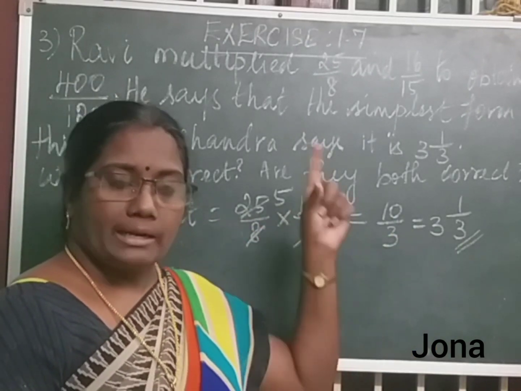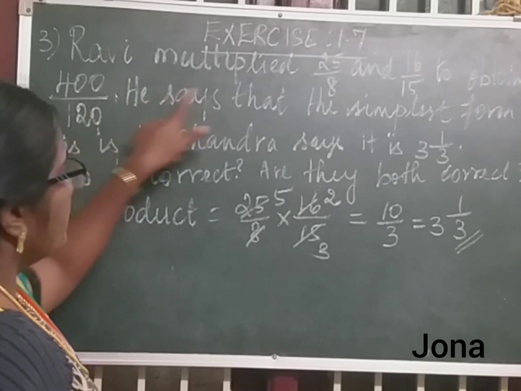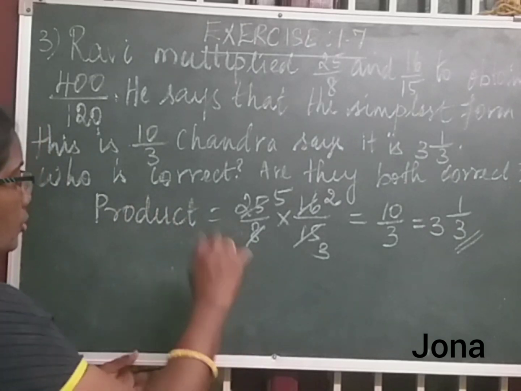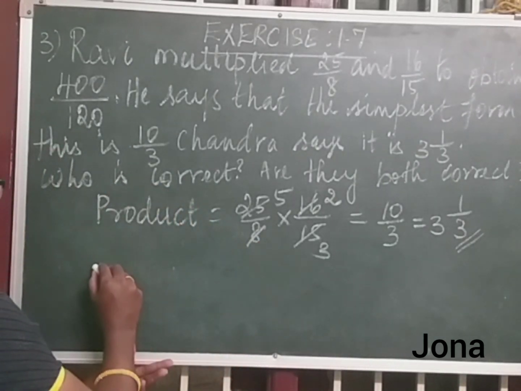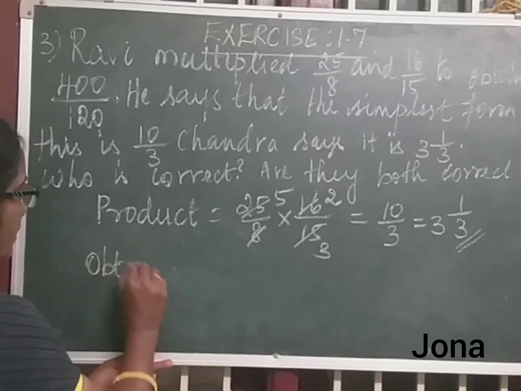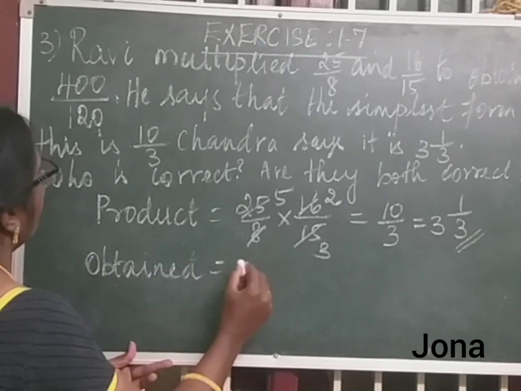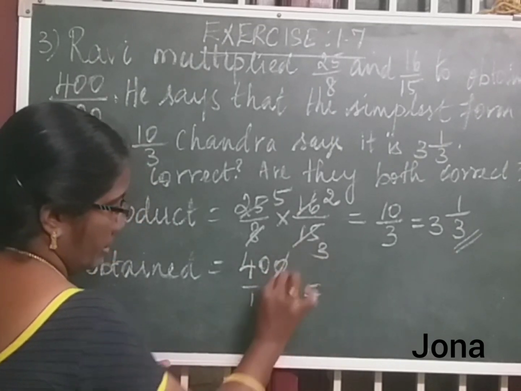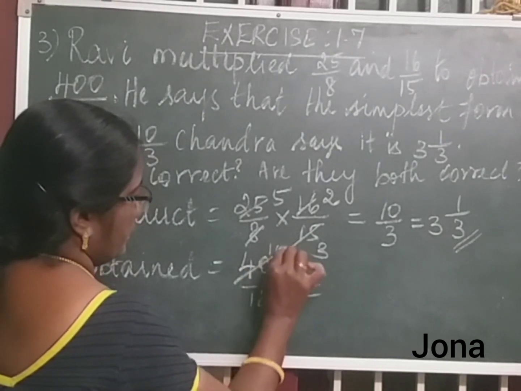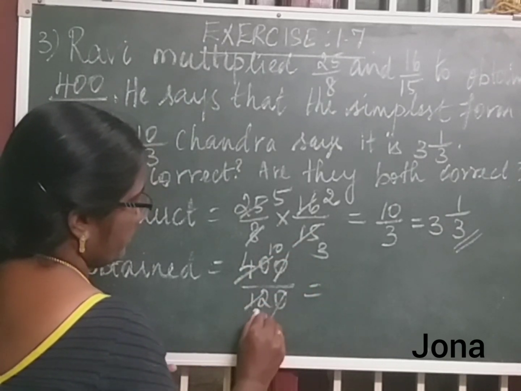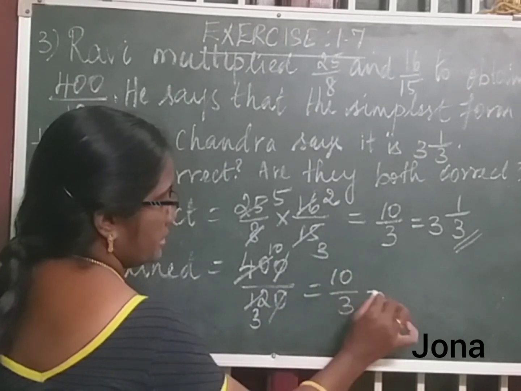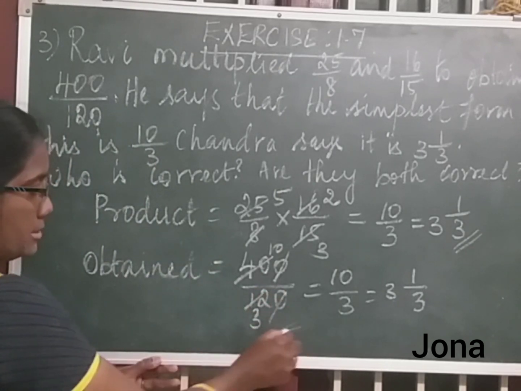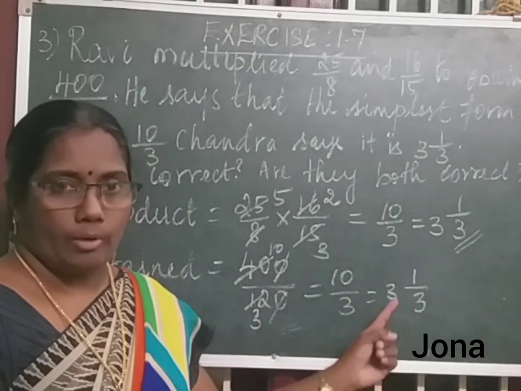Let me see the problem once again. The obtained value is 400/120. Simplify this: you can cancel 10 times here and 10 times here, so 10/3 is equal to 3 1/3. If I simplify this one, I get the same 3 1/3 only.